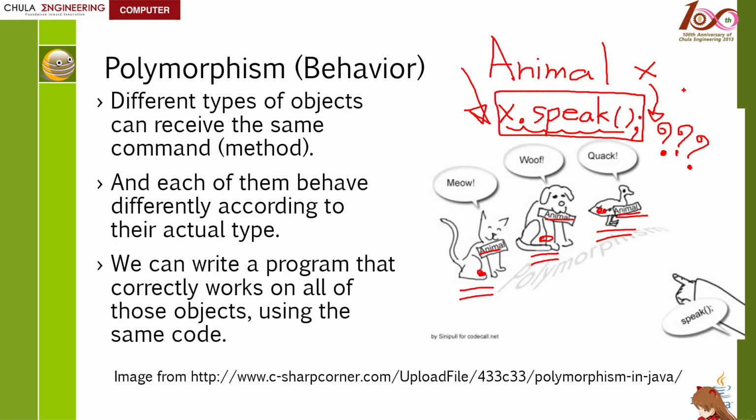So if X is actually a cat, X.speak will execute the speak method of the cat. But if X is a dog, then X.speak will execute the speak method of a dog. So, this is polymorphism.